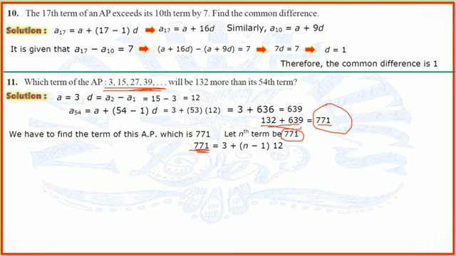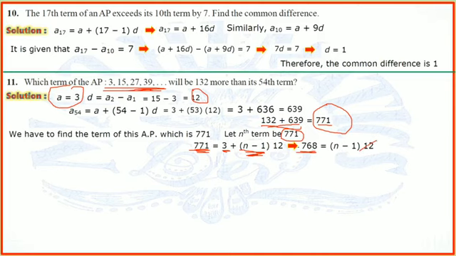Let it be 771 is equal to a, which is 3, plus n minus 1, as we have supposed the nth term, so n will remain n only, into the common difference 12. So 771 minus 3, 768, equals n minus 1 into 12.